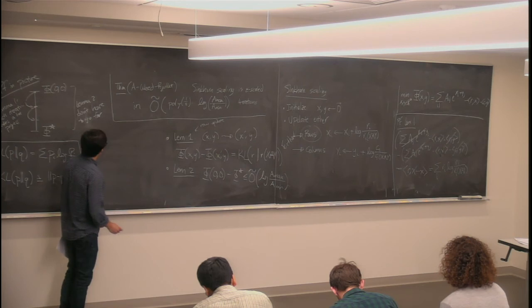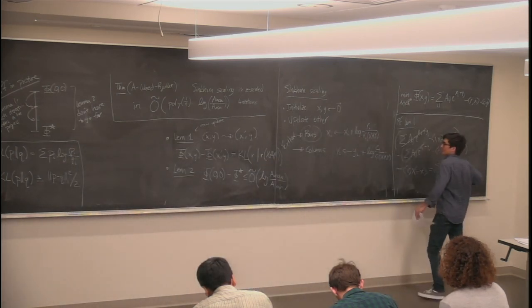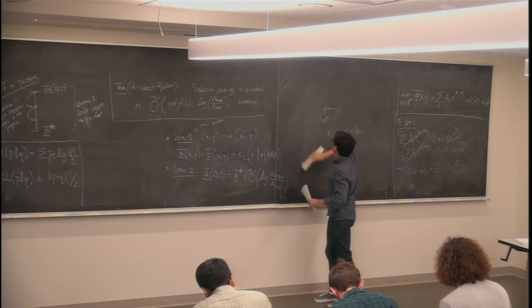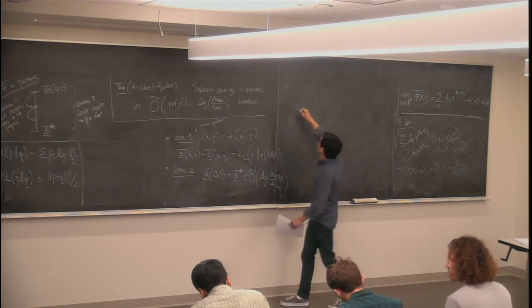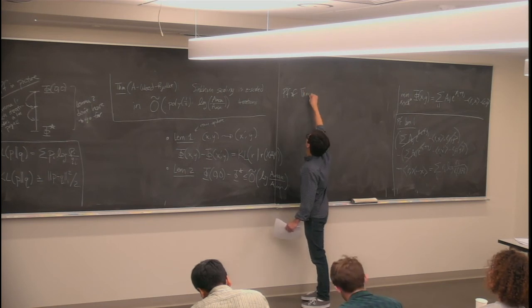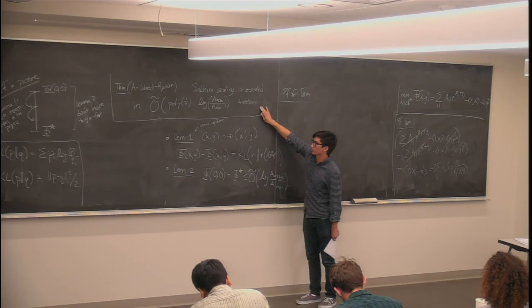So now the proof of the theorem. I'm trying to argue that you don't need many iterations to converge. So say you have not converged yet.